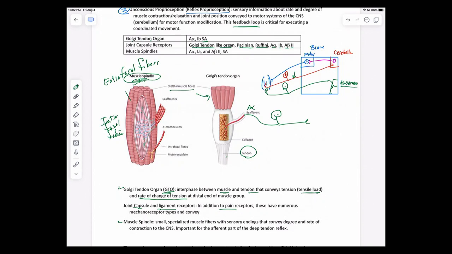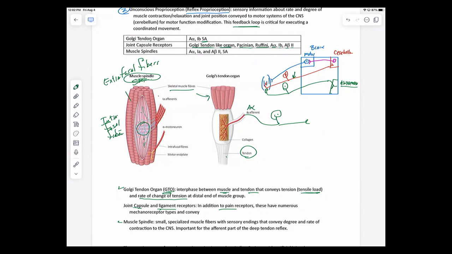So whatever the muscle is doing in terms of degree of contraction, rate of contraction, these intrafusal fibers or these muscle fibers are doing the same thing. I mean, they have to, because the whole point of having these things innervated is to communicate accurately back to the central nervous system what the extrafusal fibers are doing. So that's your feedback there.